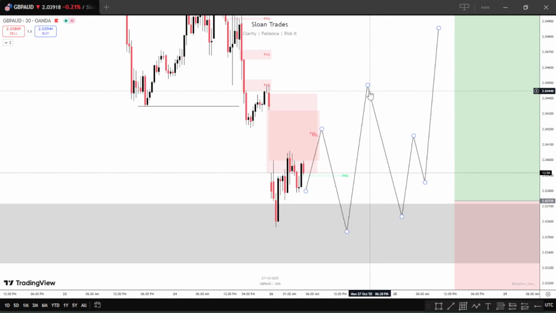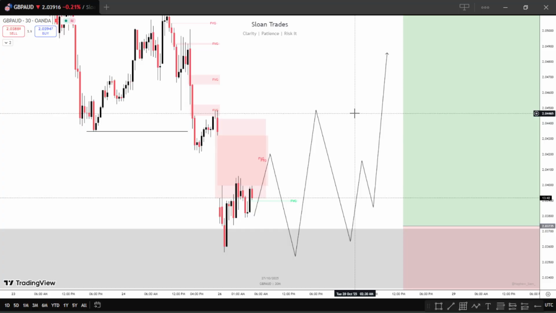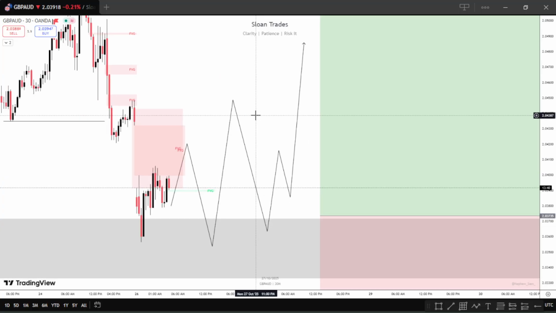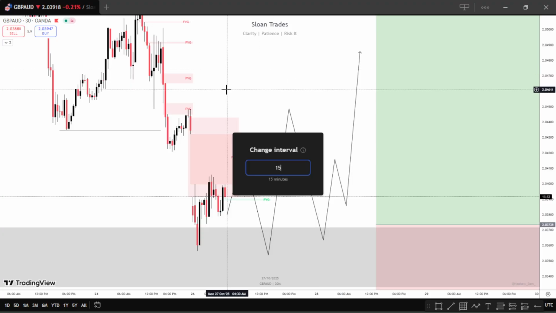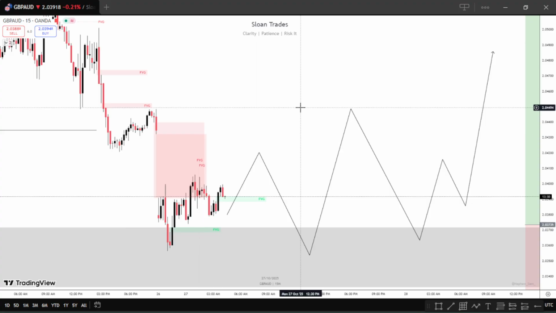So whenever I see a clear break of structure, change of character and a continuous break of structure, that's two breaks. That's when I'm going to say, okay, yes, the market is going to go this particular direction. Then I'm going to look for entries below. All right, so this is for GBP AUD.